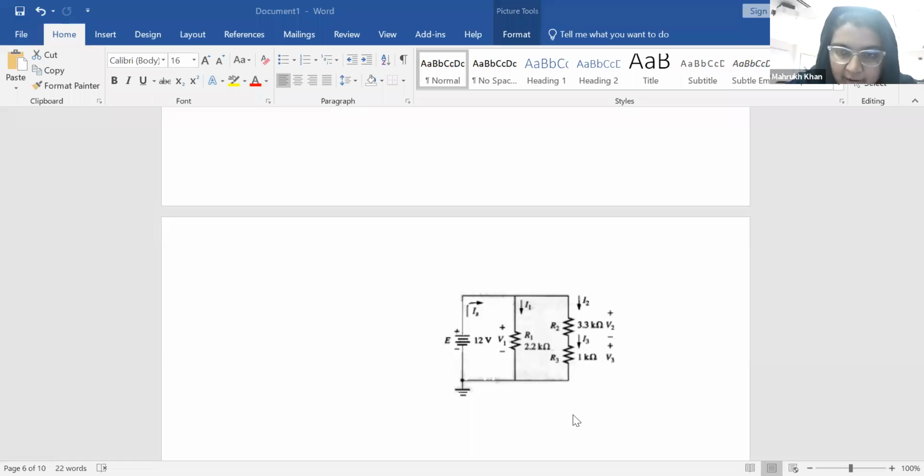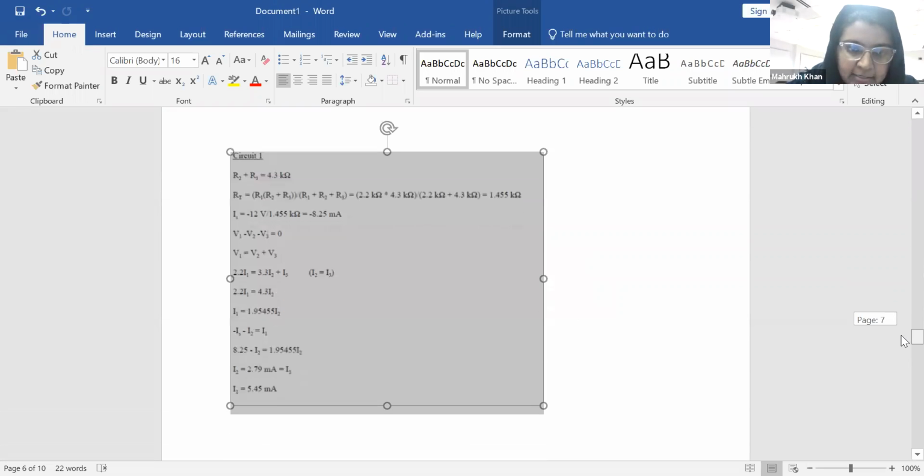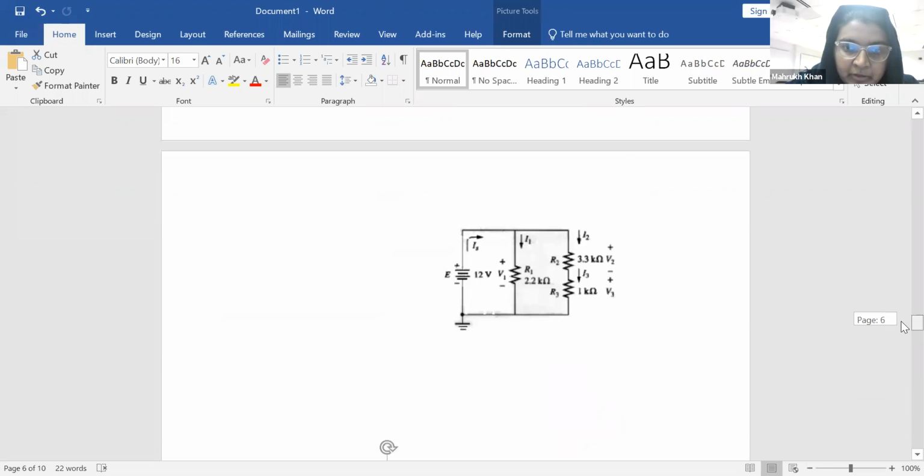So this was the circuit you were having, and you were supposed to find your I's and voltages.